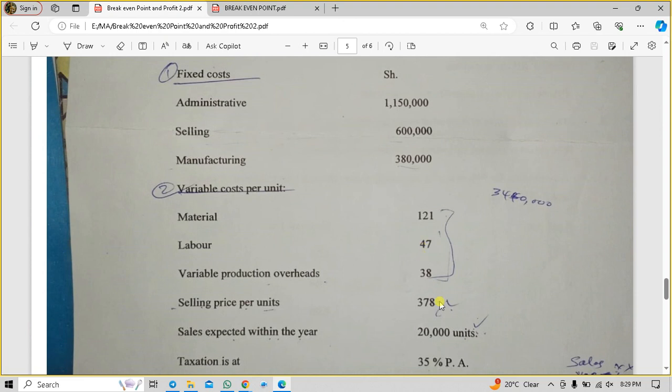So that means kama tuna produce 20,000 units, labor cost ya kuproduce 20,000 units, 47 times 20,000 should give you the labor cost.